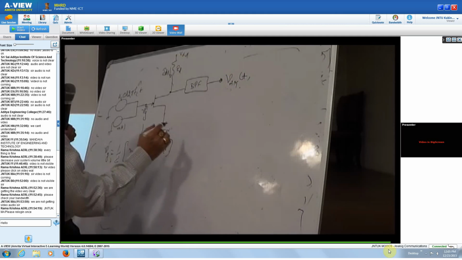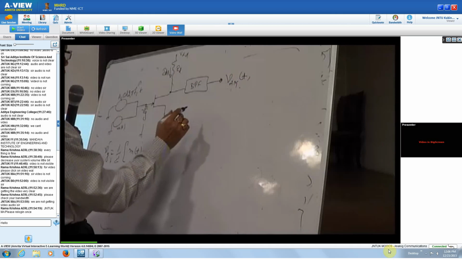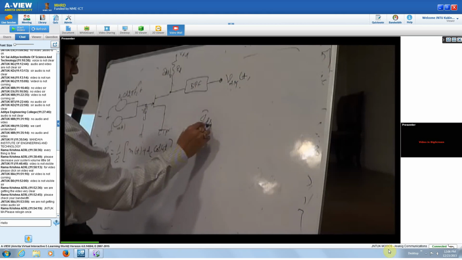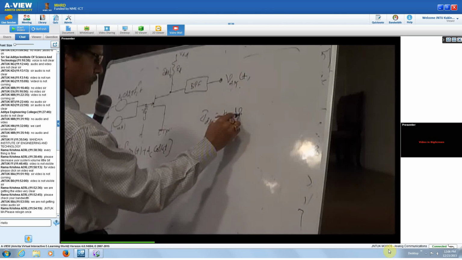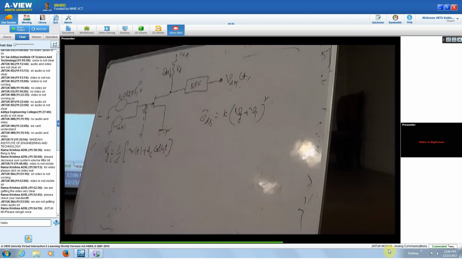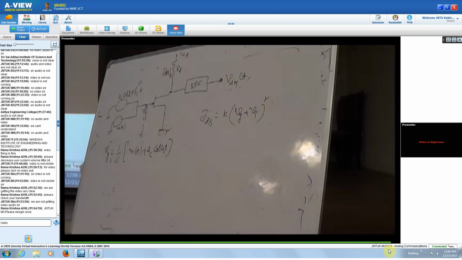Therefore, the output current IDS that we are going to have is going to be this gate voltage plus the pinch off voltage, squared.